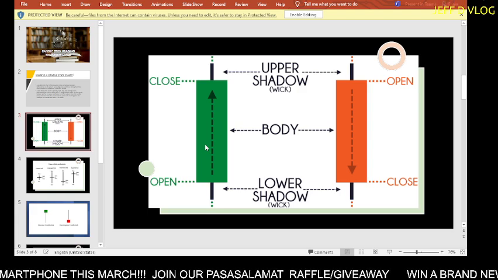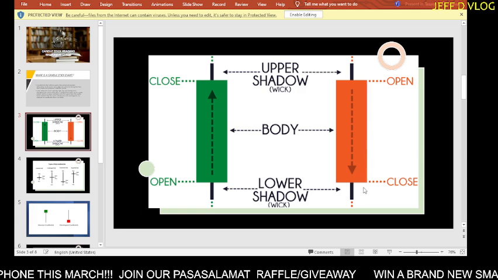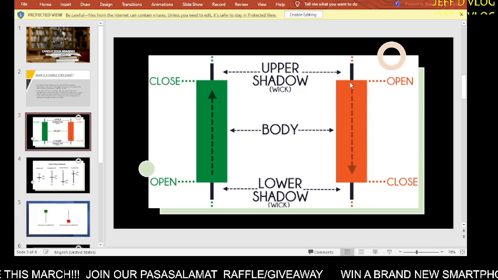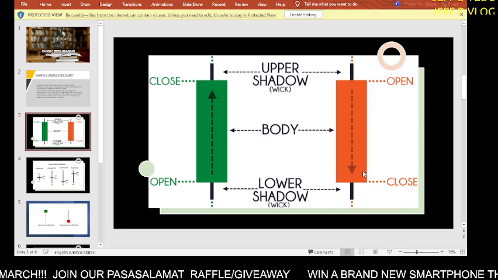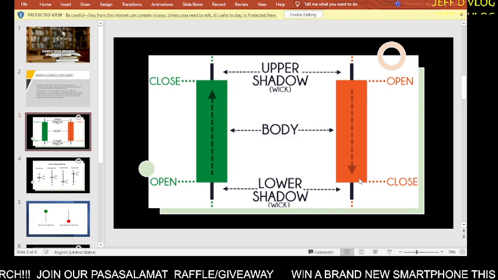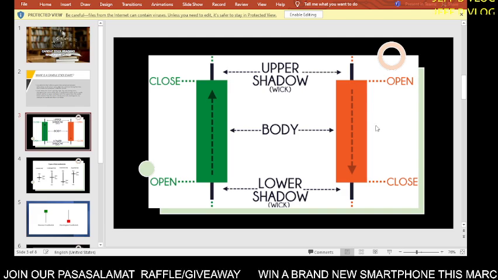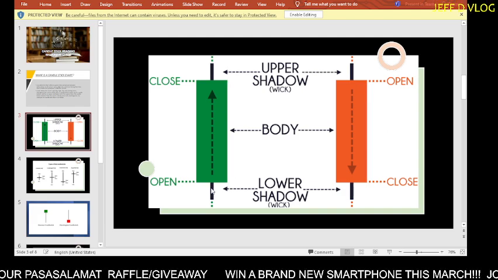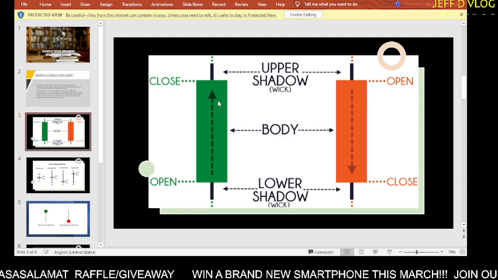The opposite is the bearish candlestick, which means it opened, let's say, at a price of 0.35 and ended at 0.30, so it becomes bearish because the closing is lower than the opening. And how about this narrow line, the stick, upper and lower?